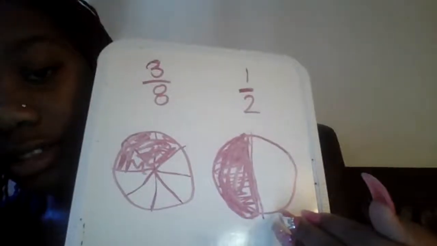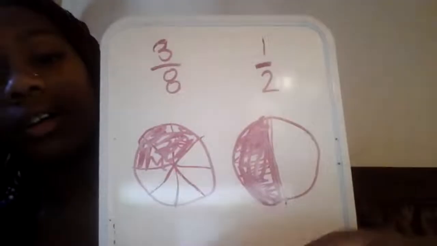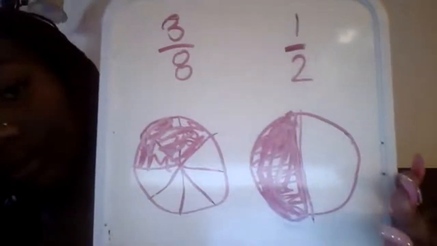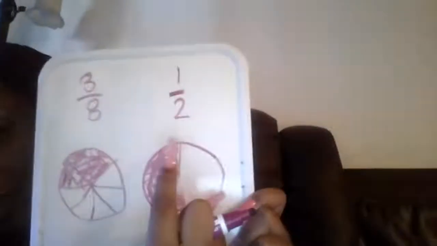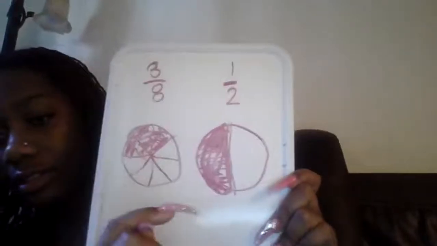You can either get a full half of the pizza or you can just get 3 slices of the pizza. And according to the model, the half is larger. But you wouldn't be able to see that unless you actually made the model. So now you know that 1/2 is actually larger than 3/8, even though the numbers in 3/8 are bigger. Let's do one more.